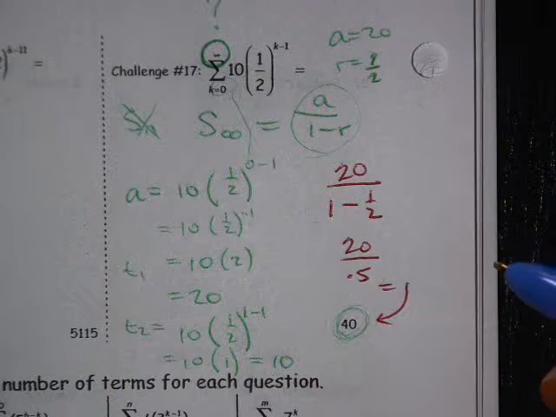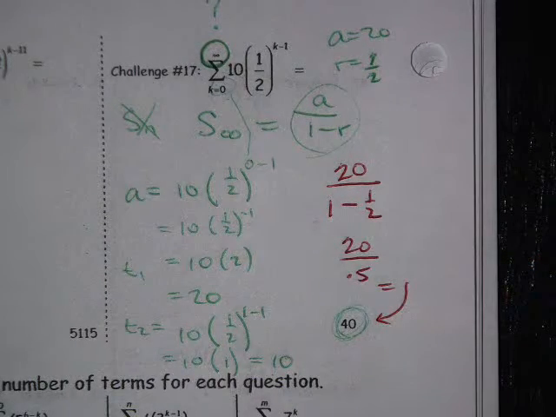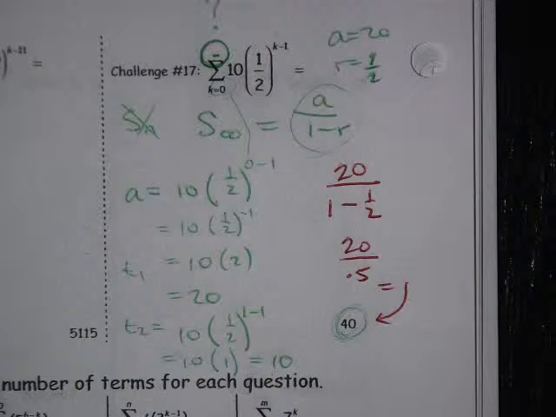Remember on the board last day or the day before we said that when you have an infinite series and your ratio is 1/2, what do you do to A? Remember the little trick? When the stars align and you have your infinite series and the R is 1/2, just double it and you get your sum, and this is one of those cases.